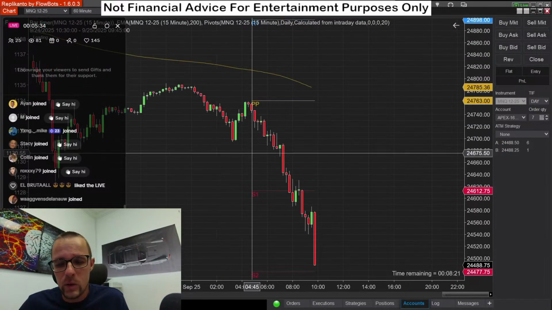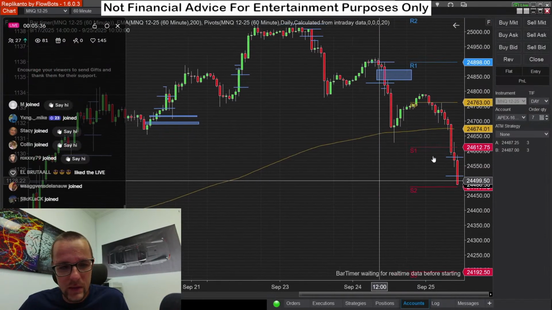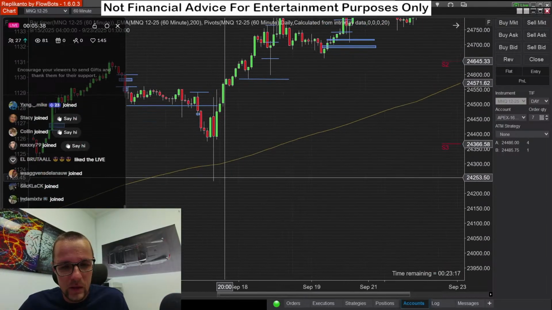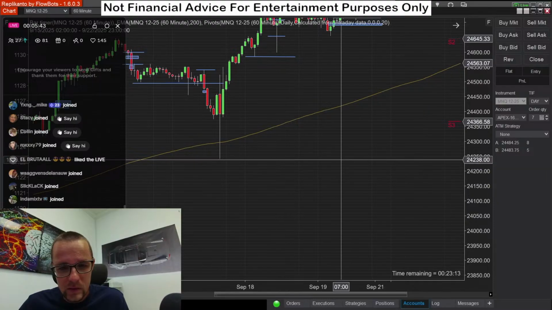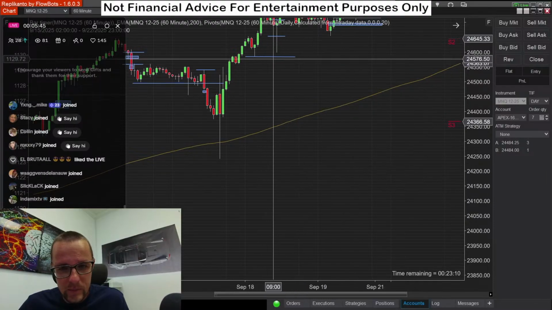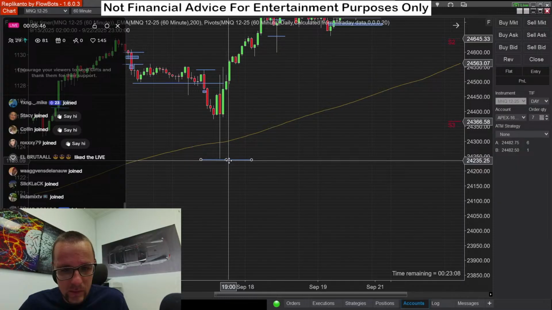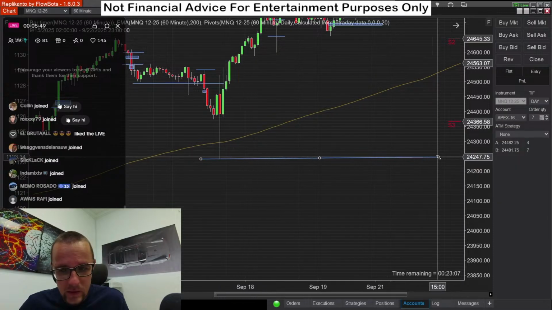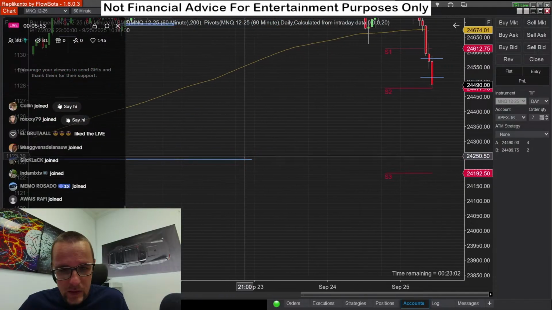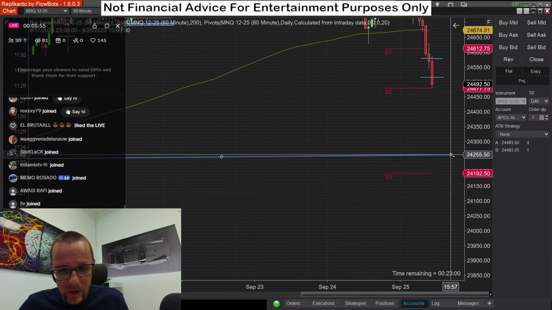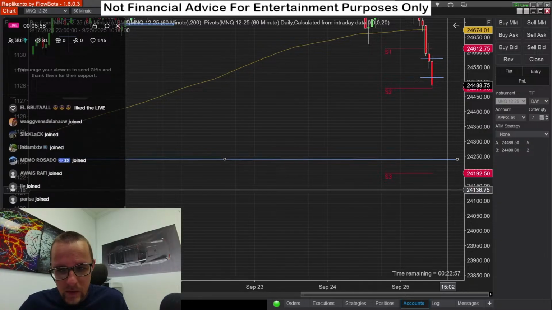Same thing with an hourly chart, right? You can see we do have a low down here. Maybe I'll mark that out. Hold on. Give me a second real quick. So you can see this low is paired with that pivot point, right?